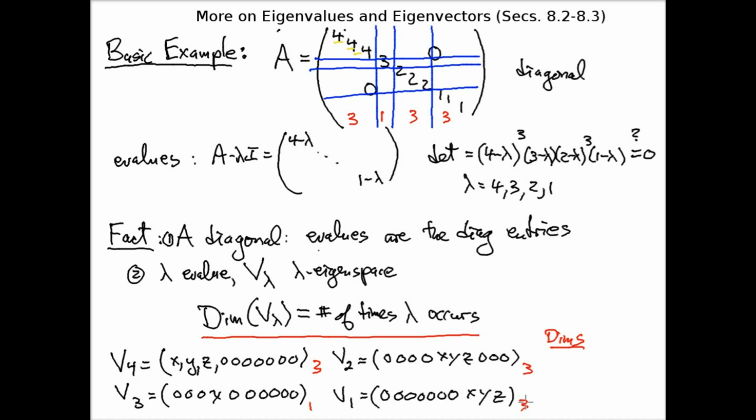When a matrix is diagonal, it's very easy to figure out what its eigenvalues and eigenvectors are. So the conclusion of what I just said is that diagonal matrices are extremely easy to understand in terms of their eigenvalues and eigenvectors.